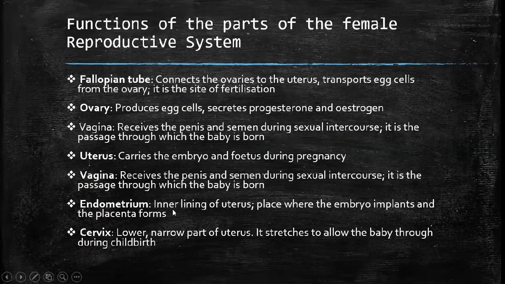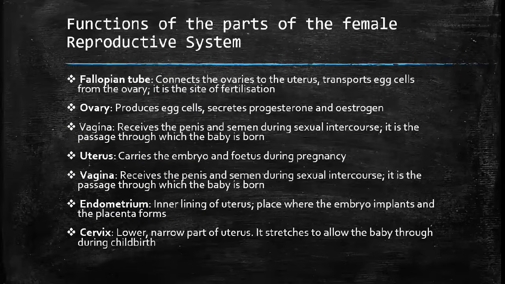Now, endometrium. The endometrium is the inner lining of the uterus, and it is the place where an embryo implants and the placenta forms. We're going to explain those things, guys, as we move. I'm going to explain implantation when we do the menstrual cycle.